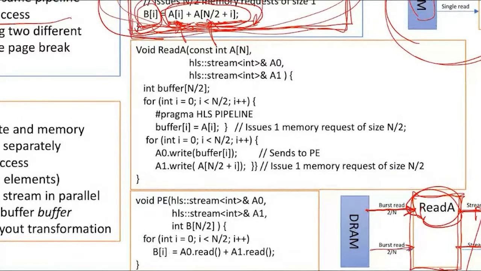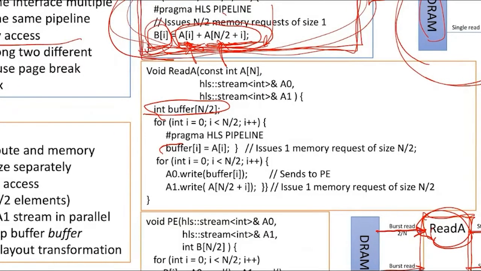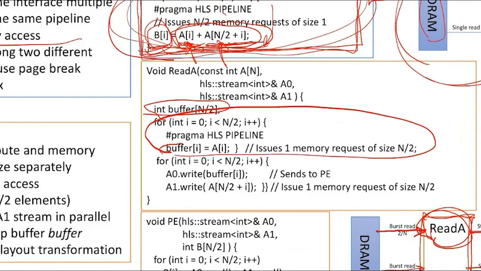In here, it creates a buffer. You use a buffer to cache half of the data, in the case that this amount of data can fit into the FPGA memory. Then you use a for loop with a pipeline. With this kind of coding, you can do burst access on memory, as you all know.